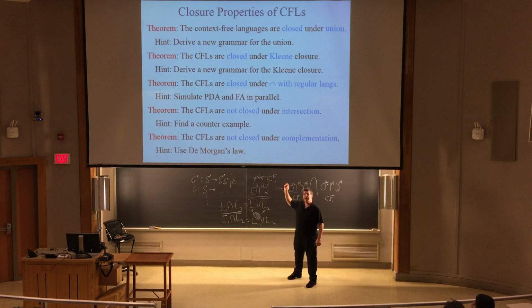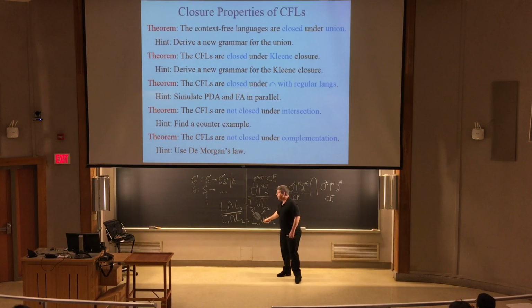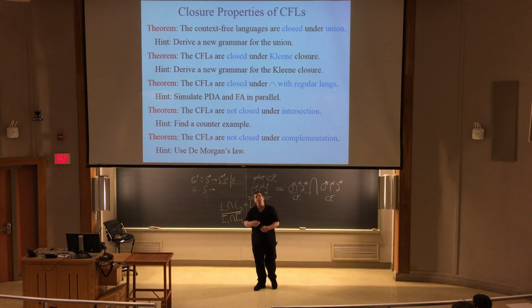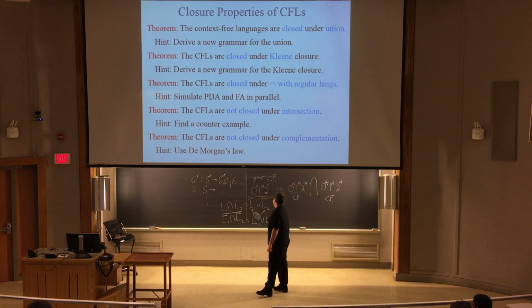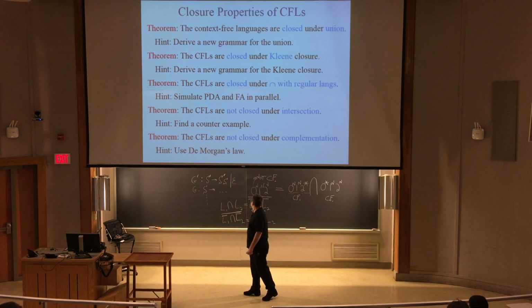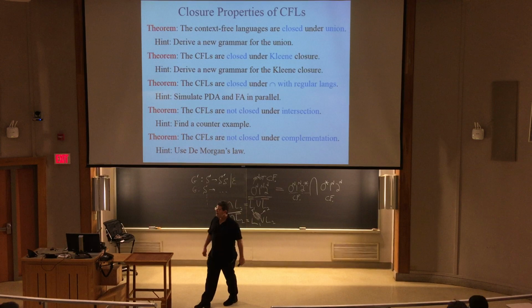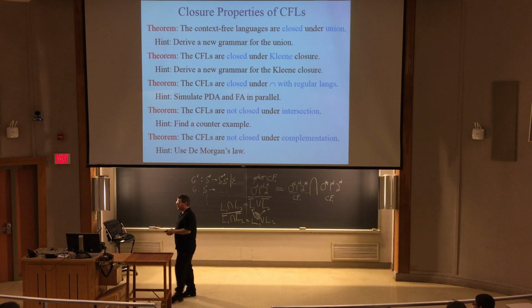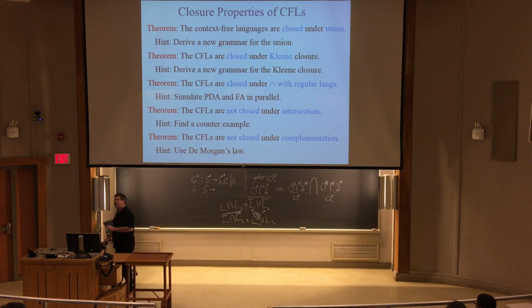How many buy that? Okay. So that means if the union is not preserved, then one of the intersection or the complement can't be preserved either. So it works in both directions in some sense. So of these three properties, if one is not preserved, one of the other two can't be preserved either. So that's general. So any questions about that?